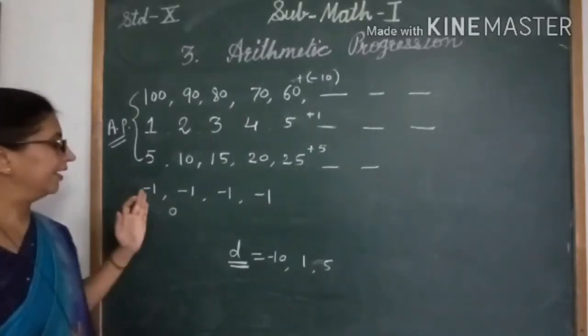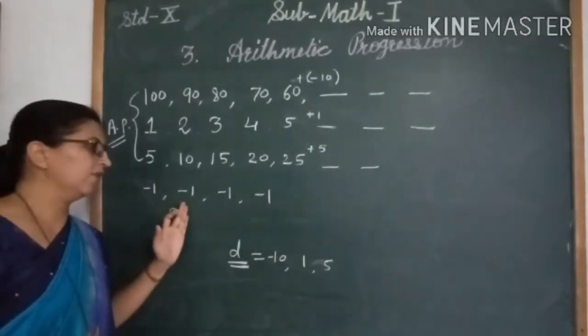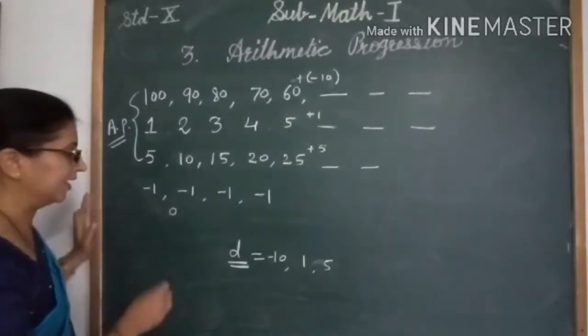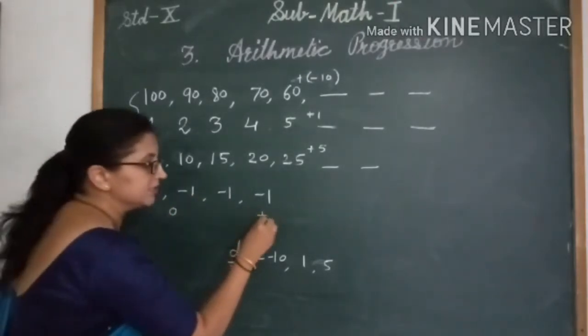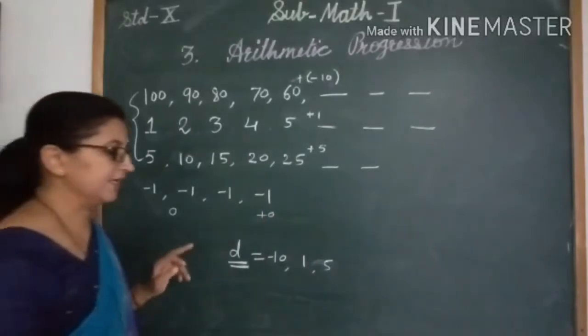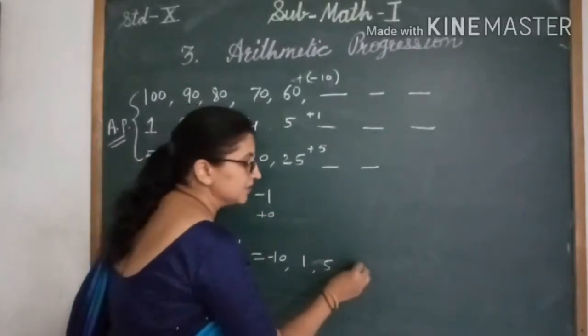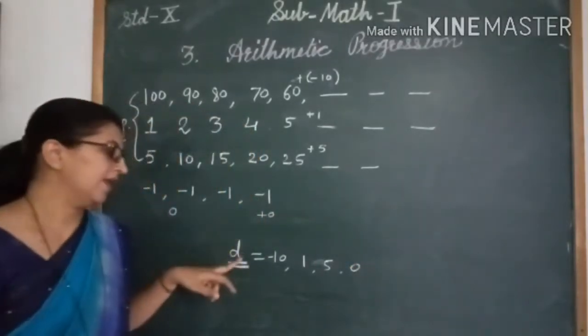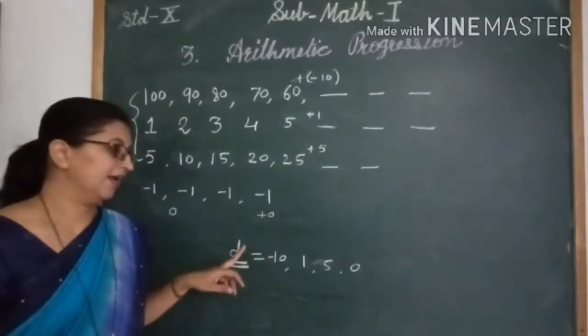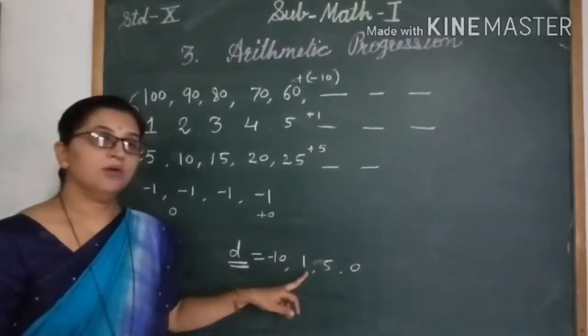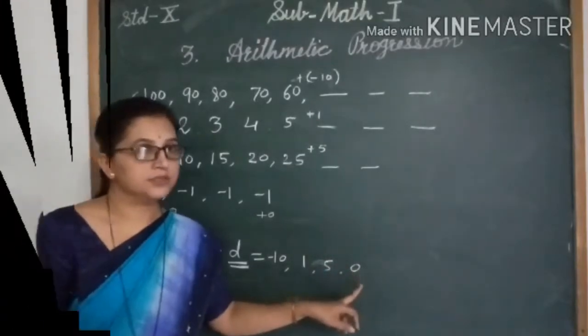Negative 1 plus 0 is negative 1. So in this case we are adding 0, and the value of d is 0. So the common difference d can be positive, negative, or 0.